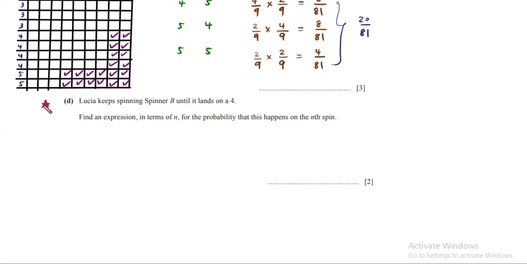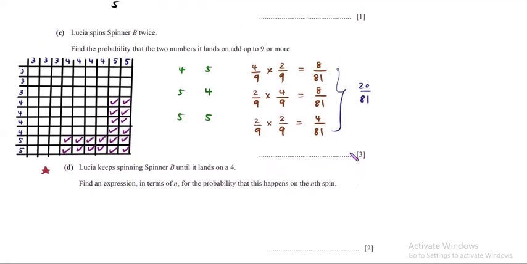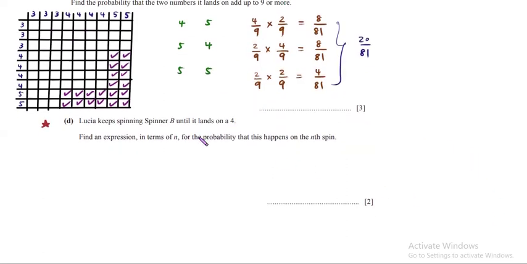spinner B, we can easily calculate the probability. That is, for it to land on a 4, the probability is going to be 4/9, because out of these 9 outcomes, getting a 4, we have 4 4s, which means the probability of it landing on a 4 is going to be 4/9. Then this happens on the last spin.